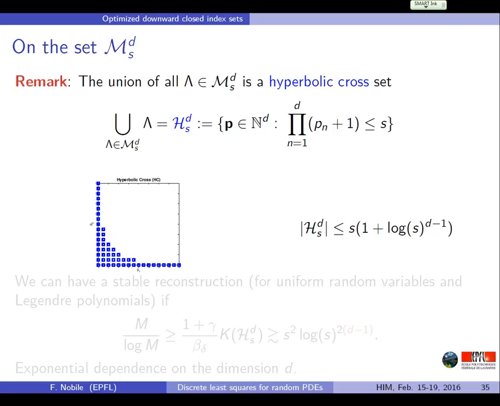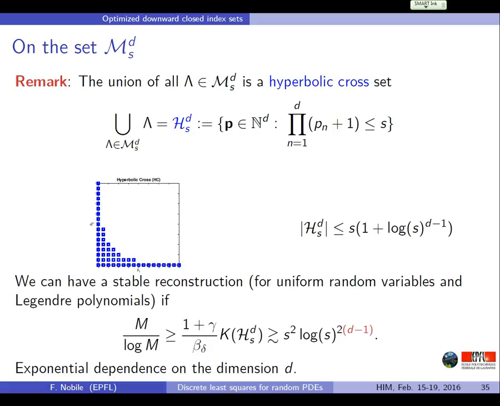So this is, as a matter of fact, our truncation of the universe. We can apply the previous results directly by requiring that M should be larger than this constant kappa calculated for this union of sets. The problem is that here we get an exponential dependence on the dimension if we do this.